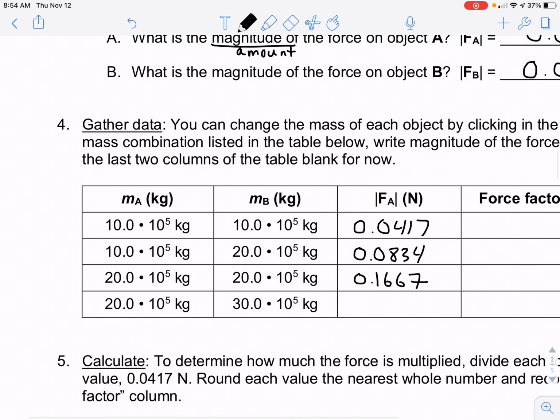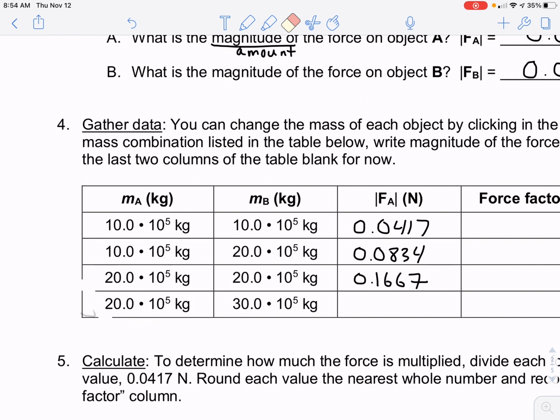The last one is to keep this mass at 20 and triple the third mass. When I say triple, I'm talking about with respect to the original 10 kilograms. So we've doubled the first mass from 10 to 20, and we've tripled the second mass from 10 to 30.